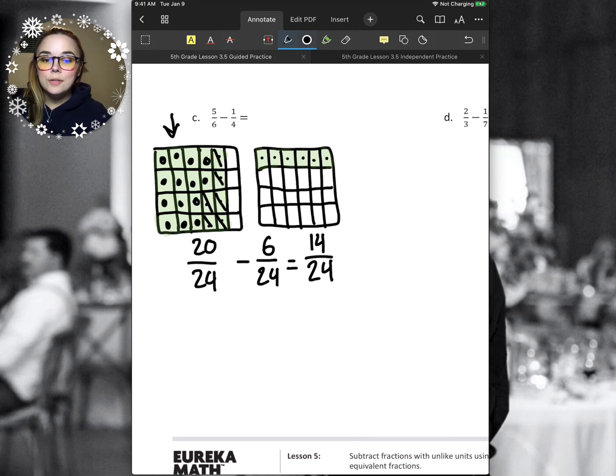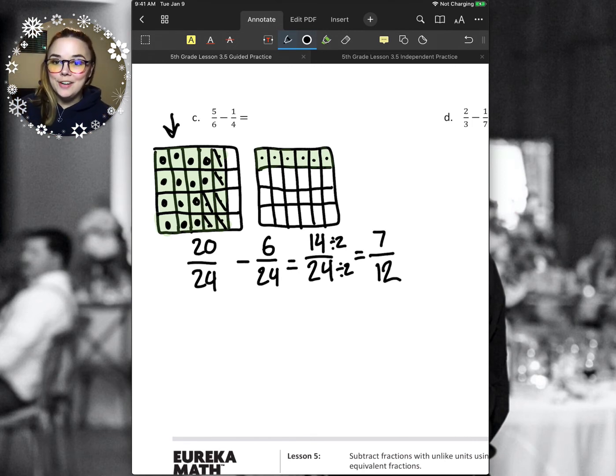So what I want to do here is try to simplify. I noticed that both of my numbers, 14 and 24, are even numbers. That tells me that they're both divisible by 2. So what I can do is divide 14 by 2 and 24 by 2. So I get 7 12ths.